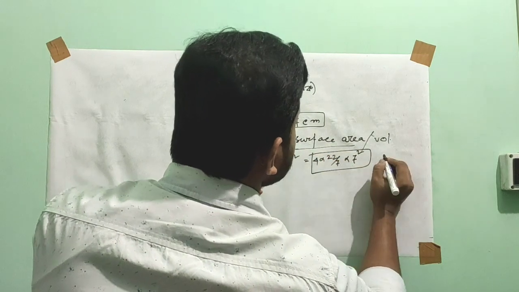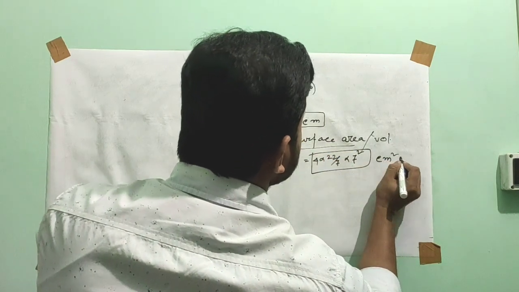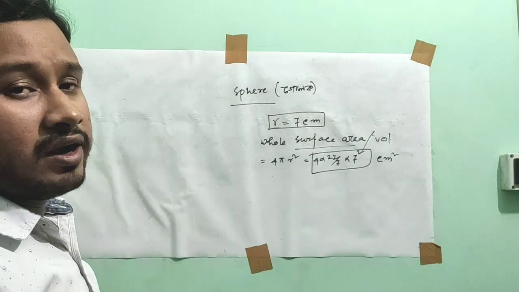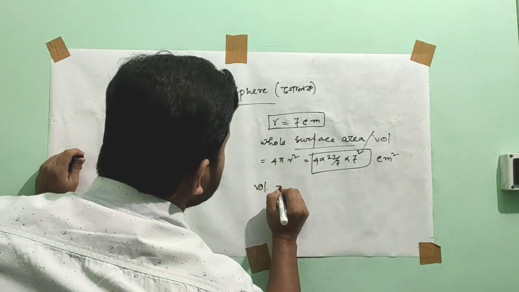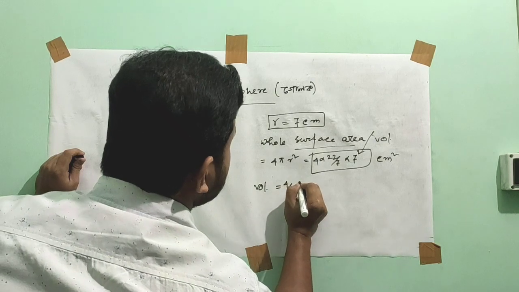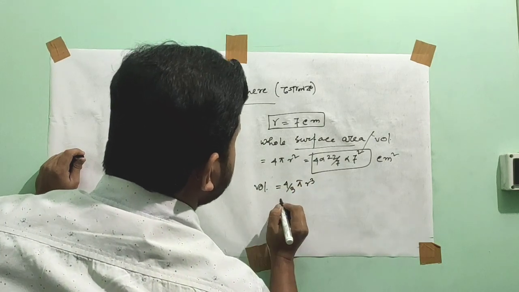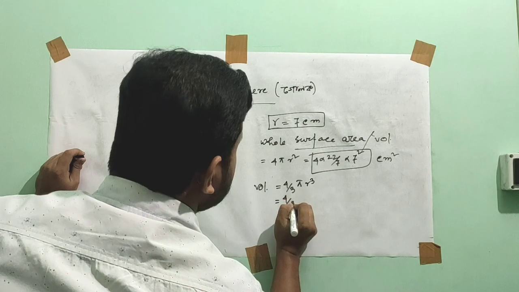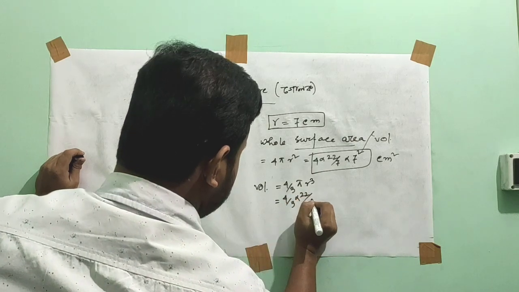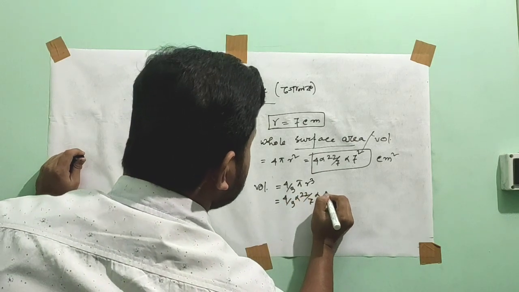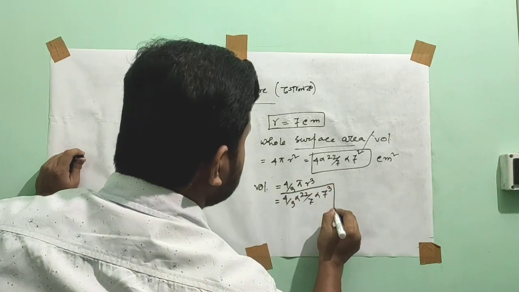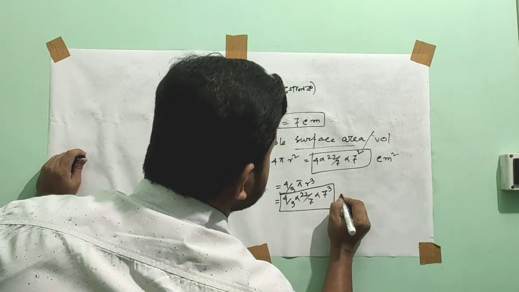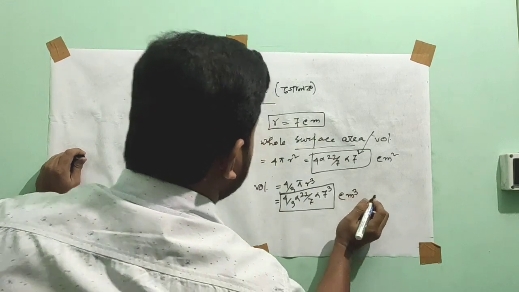This will be my surface area. And for volume, simply we need to put 4/3 pi r cube, 4/3 into 22 by 7 into 7 cube. That is the volume.